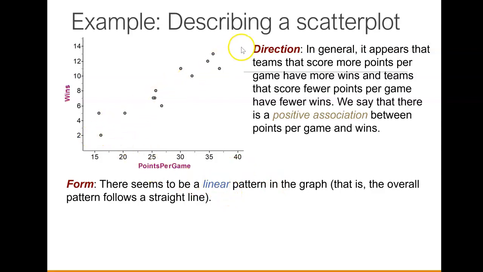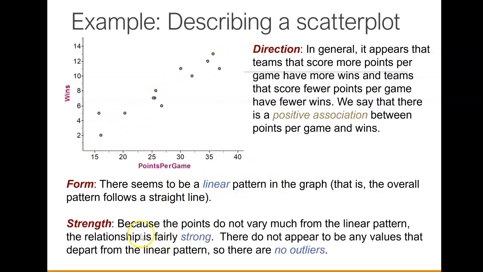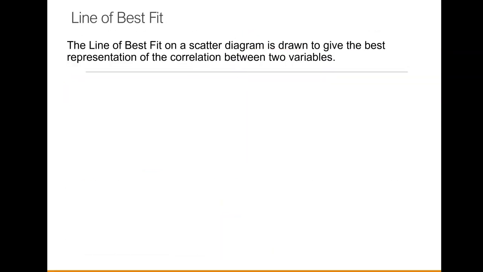Looks like there's a straight line to follow the graph. And the strength, we would say, is fairly strong or moderately strong because it looks like a line, but it's not super tight. And we said that there are no outliers because everything is pretty much in that same straight band. We feel good? Okay.